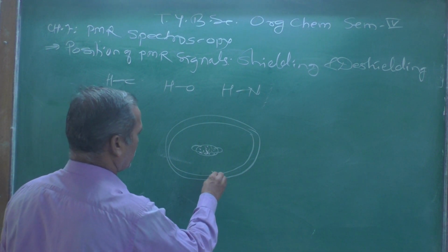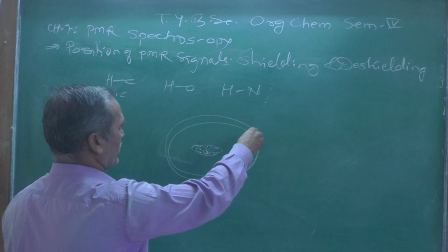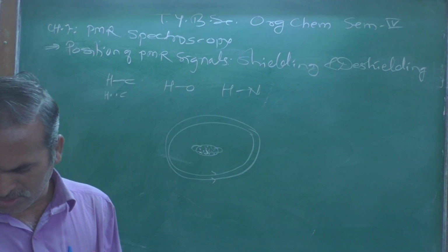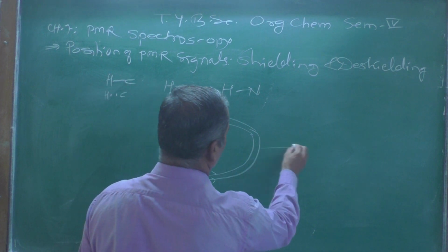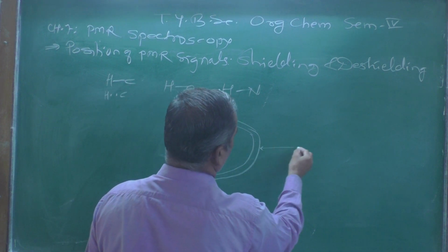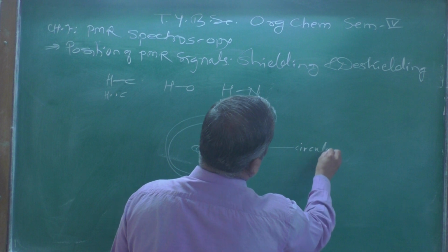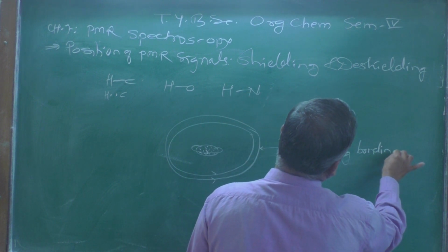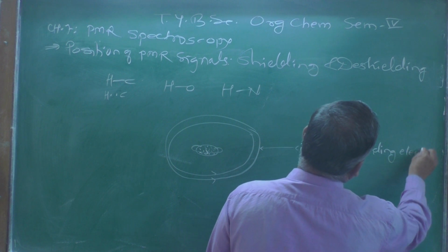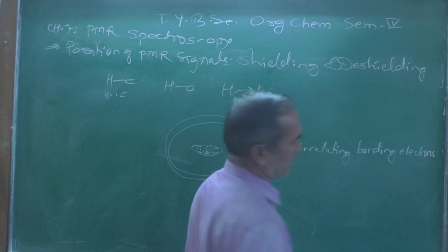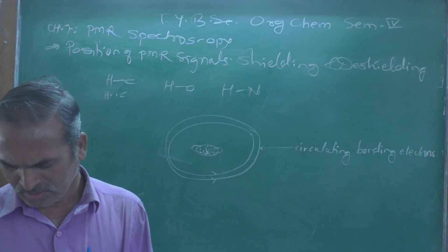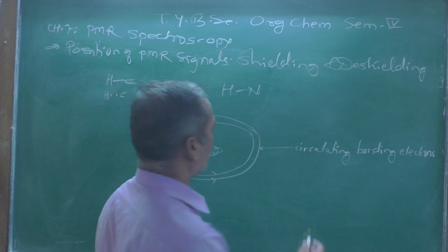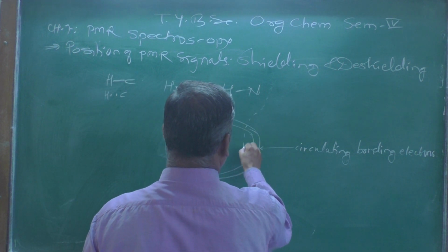Like this, they are moving in the same direction. These are the circulating bonding electrons. Now this is the induced magnetic field, sigma H0, like this.